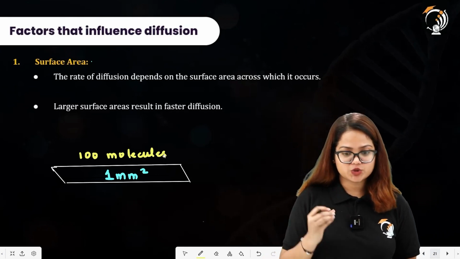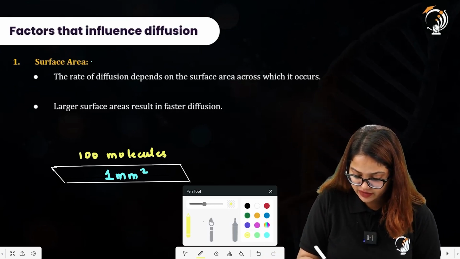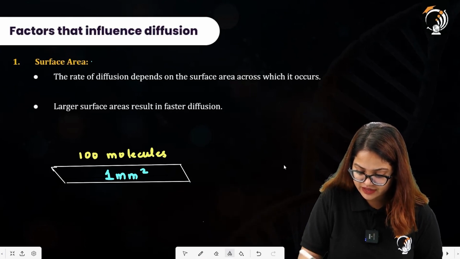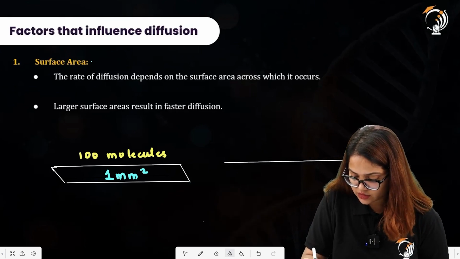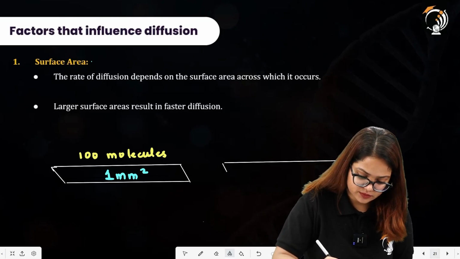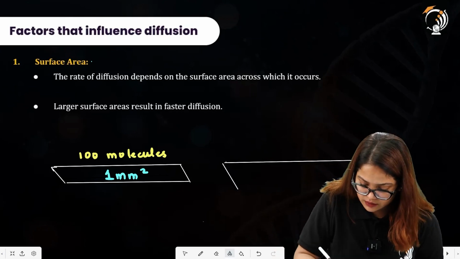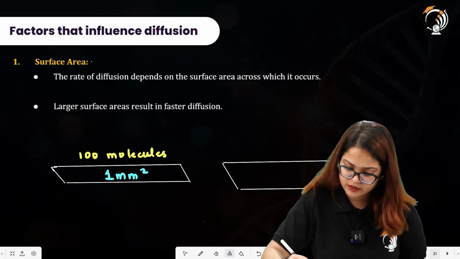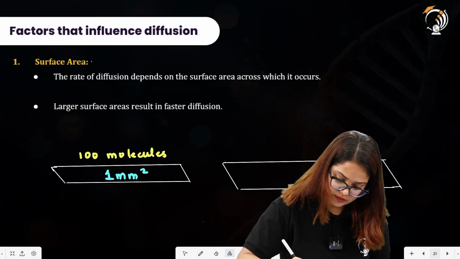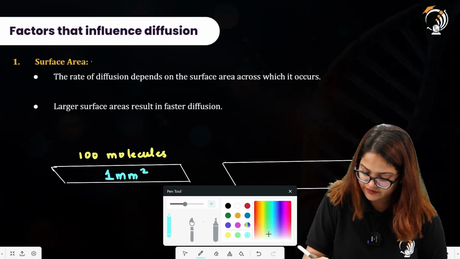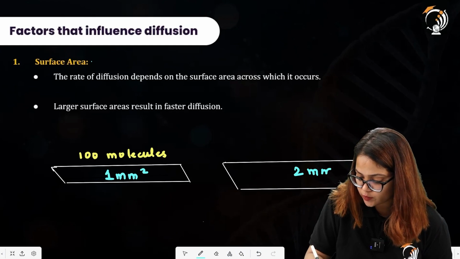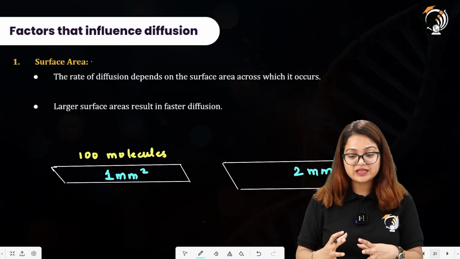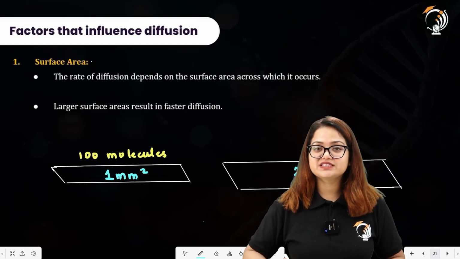Now, if we increase the surface area to 2 millimeters square, there will be an increased number of molecules that will move across this surface area.